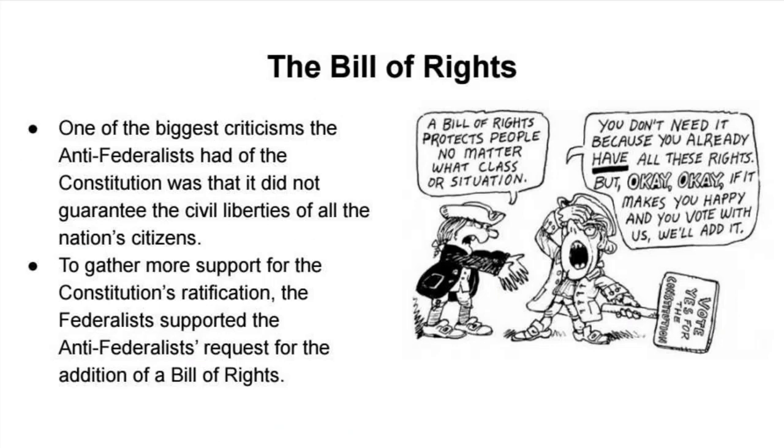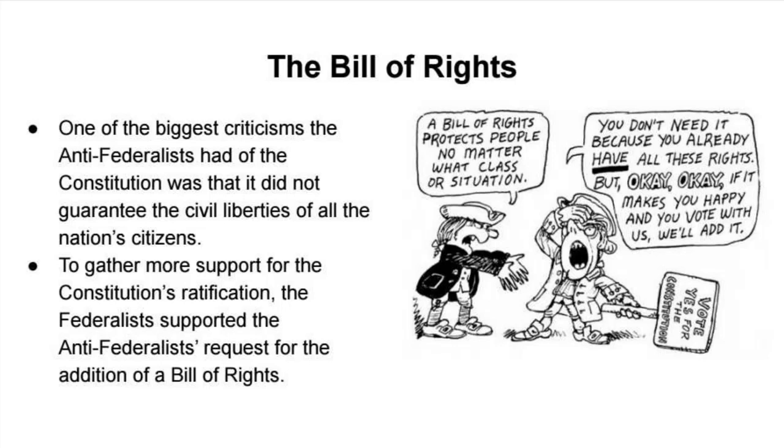Because the Anti-Federalists had such a huge concern about civil liberties and the rights of the citizenry, the Federalists convinced them to still support the ratification of the Constitution by offering a Bill of Rights.